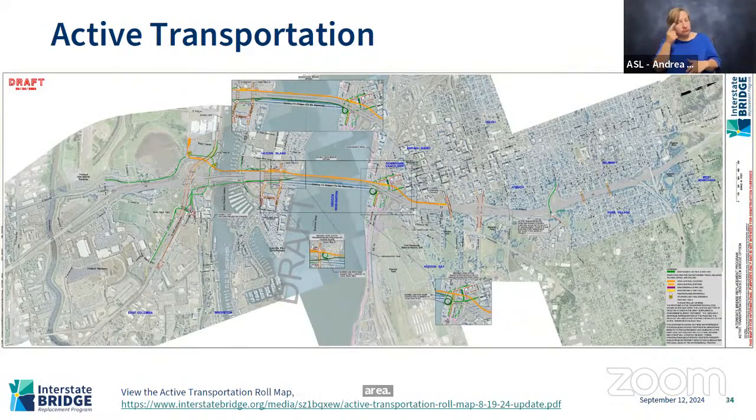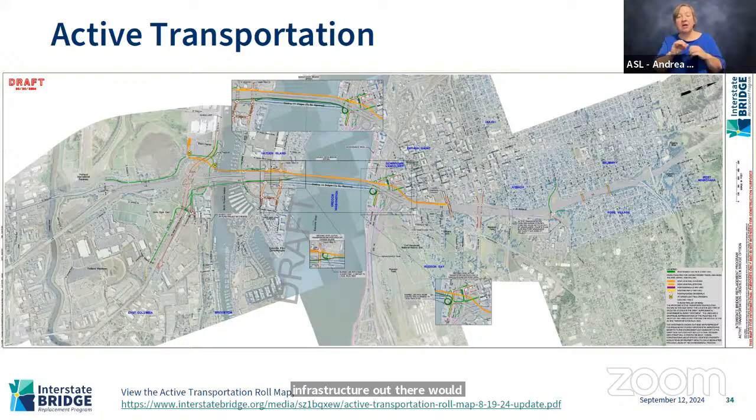It really helped to communicate how the infrastructure would work for users. We did, though, get feedback that a similar product for how active transportation users would use the facilities would also be helpful. And so we've taken that to heart and have started to develop that. And that's what you're seeing here today.